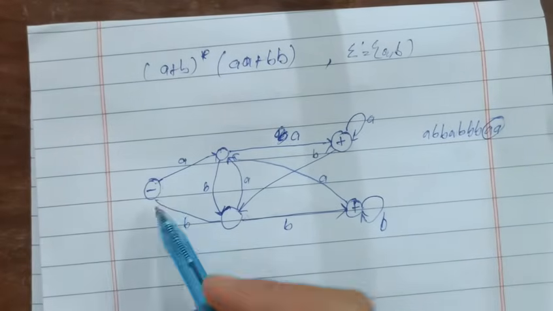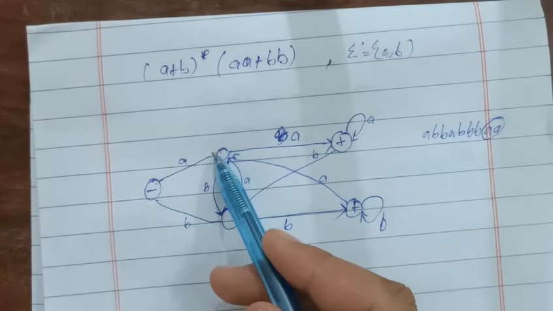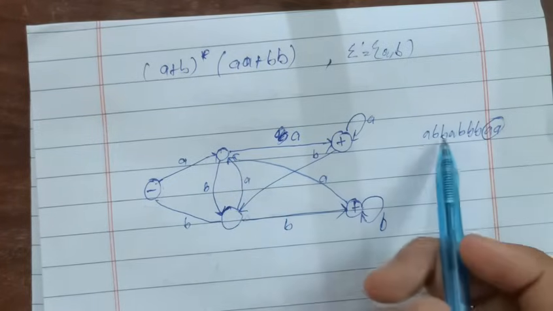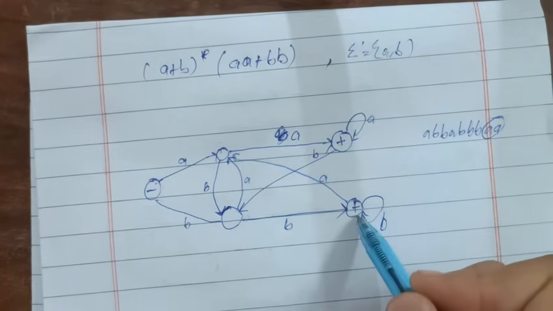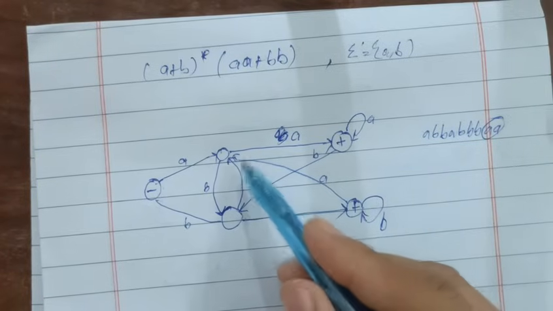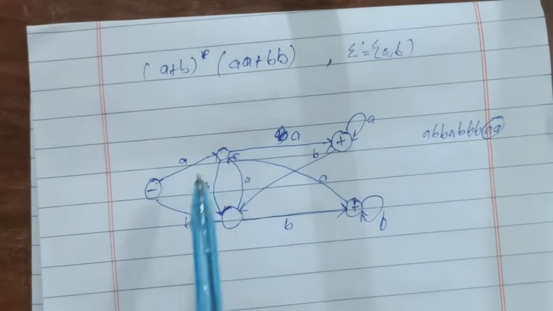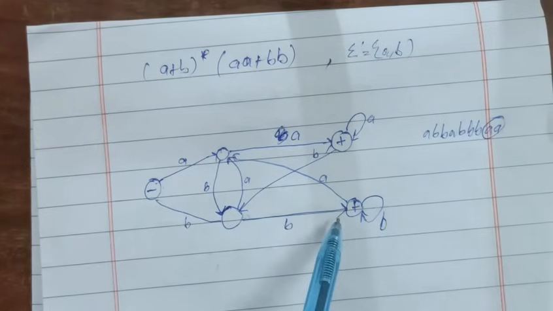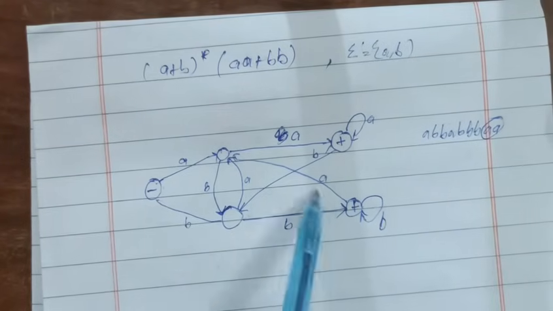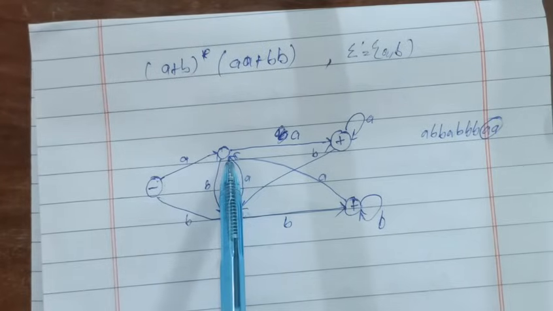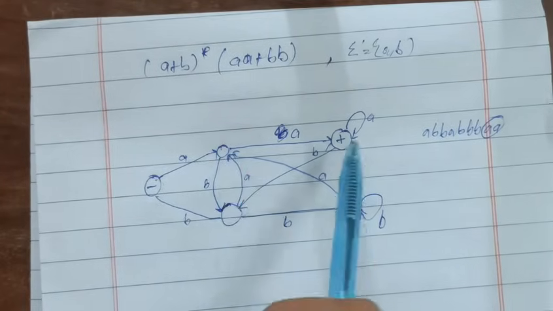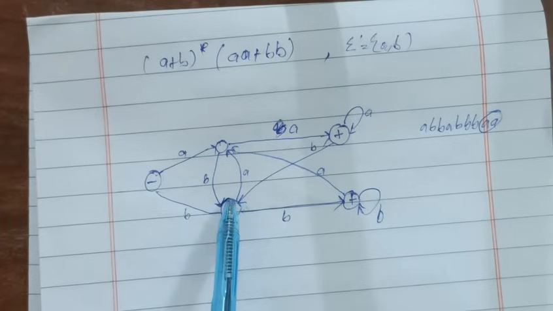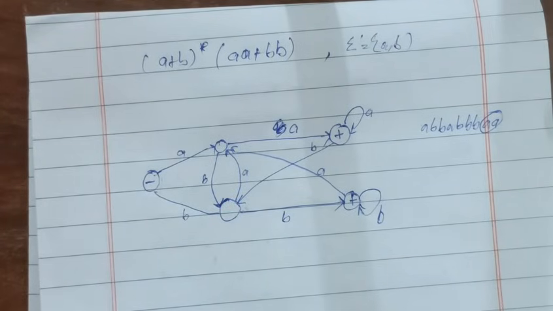So now the A transition occurs from here, then B comes over here, then again B comes over here, then A goes toward this state, then B comes, B again B, and when A occurs, it comes to this, and when A occurs again, it comes to the final state. It means the finite automata we drew is accurate for this.